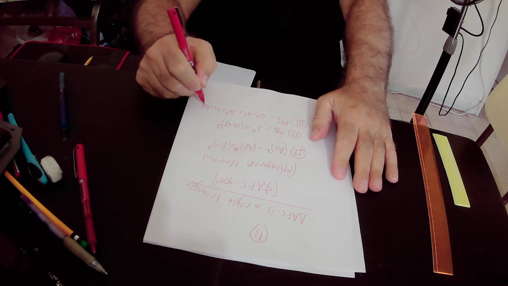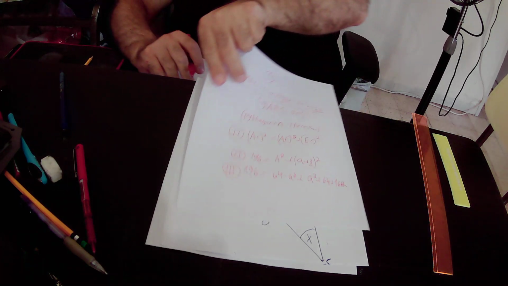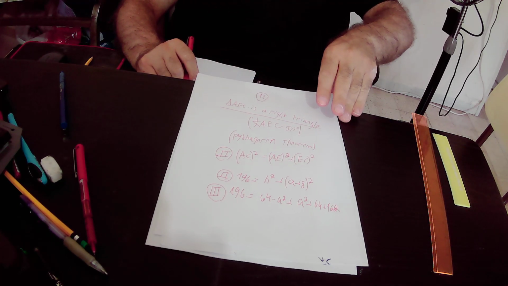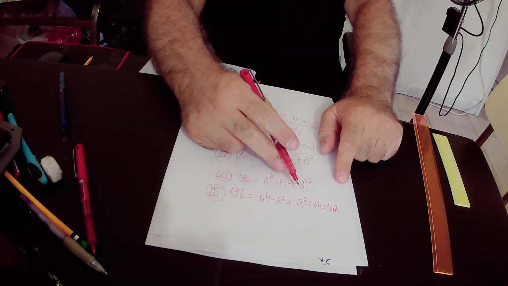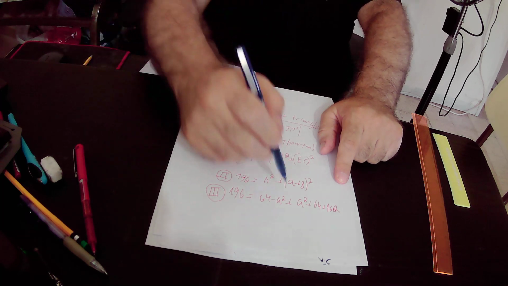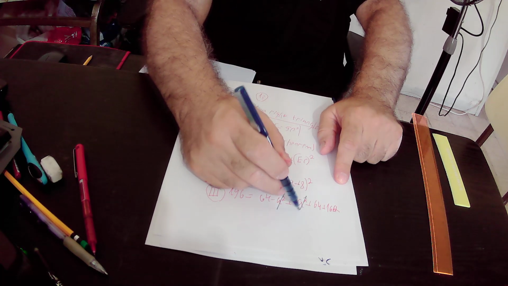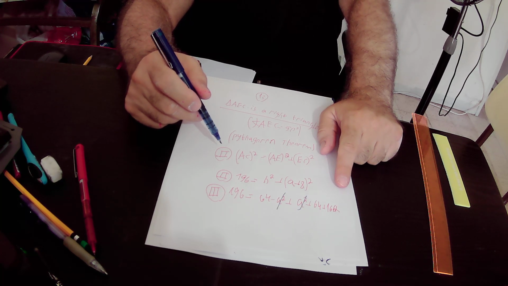So in total, equation number 2 states that 196 equals 64 minus a square plus a square plus 64 plus 16a. Minus a square plus a square is 0, so we can cancel a square.